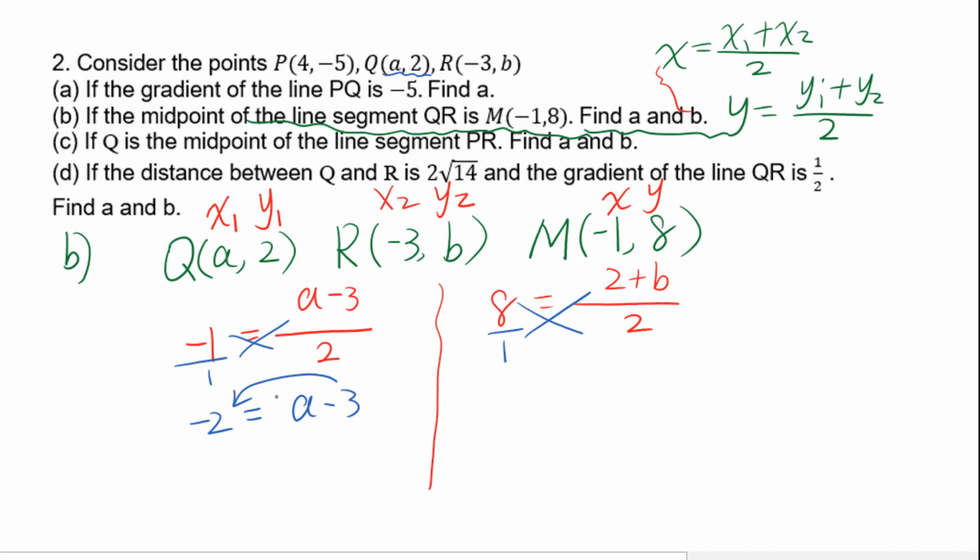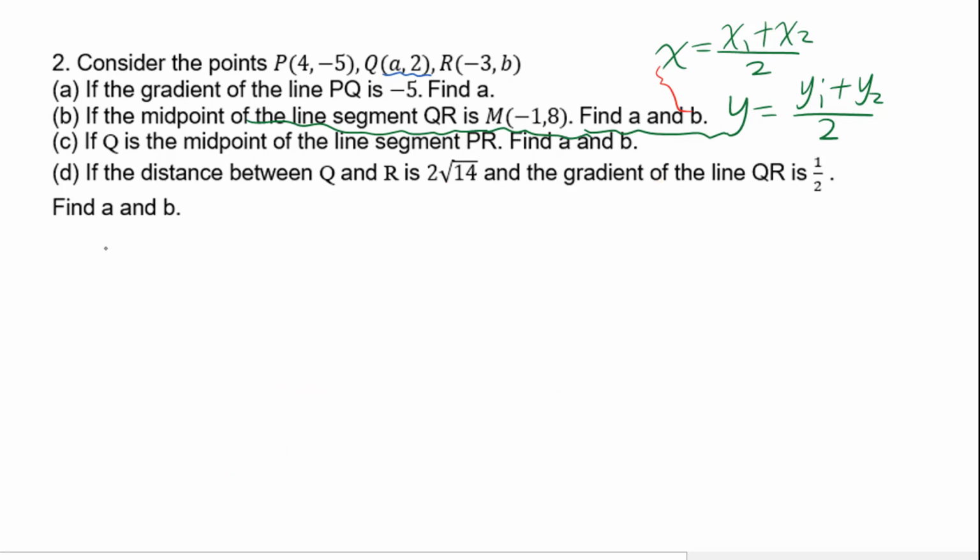So isolate the variable a on the right side, cross the river, change the sign. -2 plus 3 will be 1. For this one, 8 times 2 is 16, and 1 times (2 plus b) is 2 plus b. So cross the river, change the sign. 16 minus 2 is 14. This will be your answer.